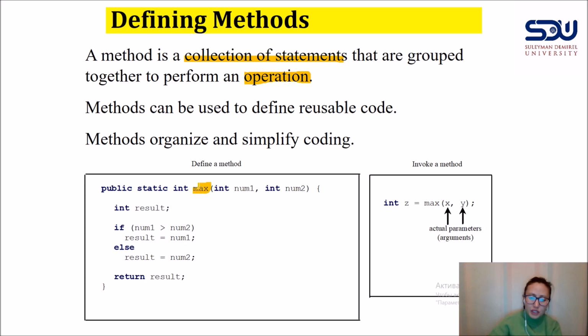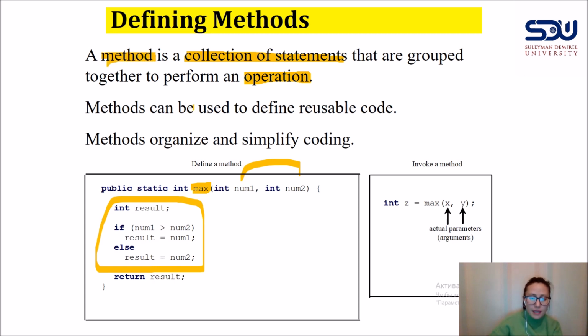What kind of operation is it? It is finding the maximum of two given numbers. To solve this problem, it is using a collection of statements, like here. This is a block of statements, and all this is called a method.